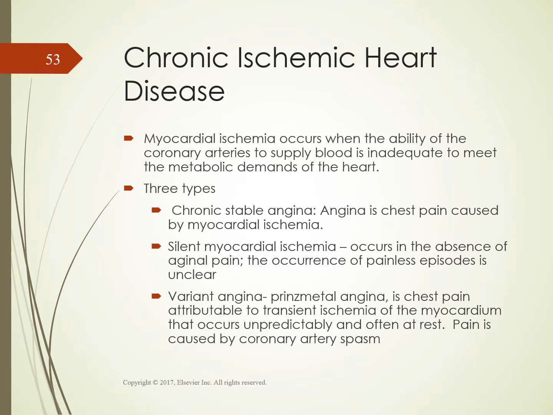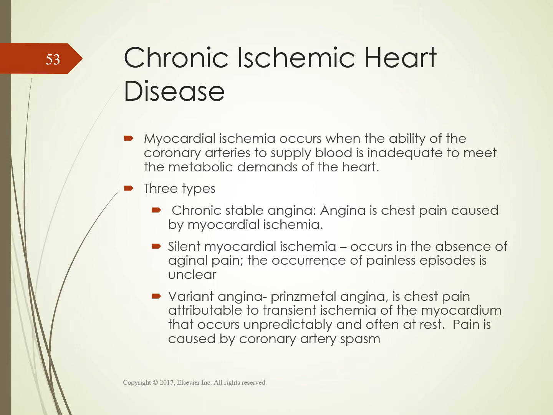So myocardial ischemia occurs when the ability of the coronary artery to supply blood is inadequate to meet the metabolic demands of the heart. Its most common cause of limitation to blood flow is atherosclerosis. There are three types. There's chronic stable angina. The pain is described as clenching a fist over the left sternal border. The discomfort may be mistaken for indigestion.